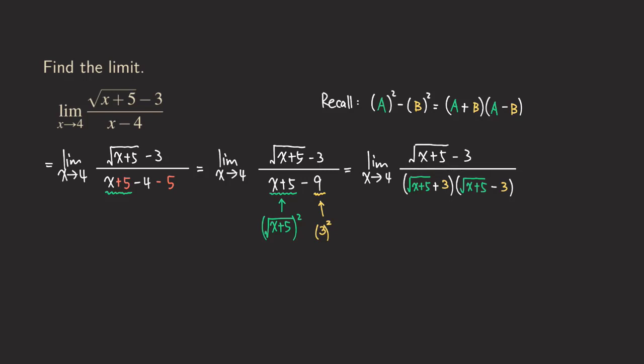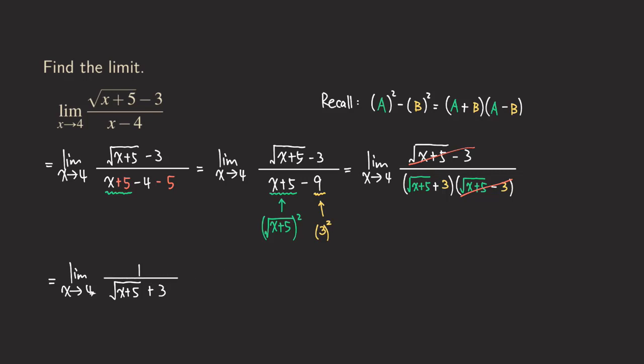Okay, so as you can see that we have the square root of x plus 5 minus 3, and then same thing right here, so now we can cancel them. So after canceling them, we are now left with just this expression in the denominator. So our limit problem becomes 1 over the square root of x plus 5, and then plus 3, and that's in the denominator.